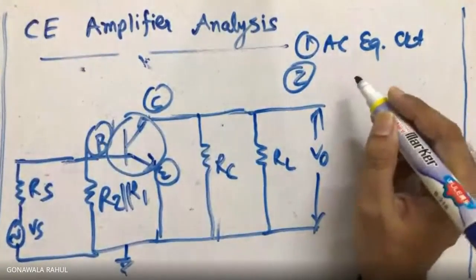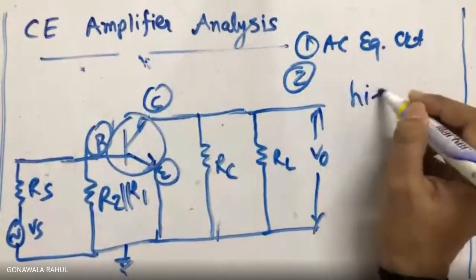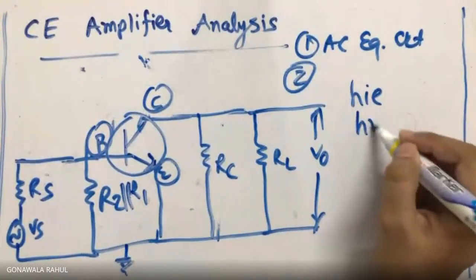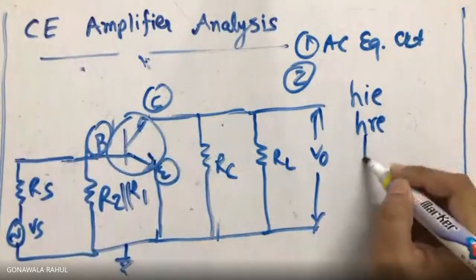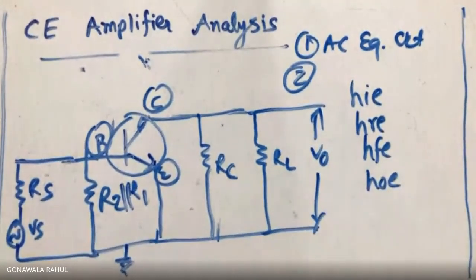For common emitter, our H parameters would be HIE, HRE, HFE and HOE.